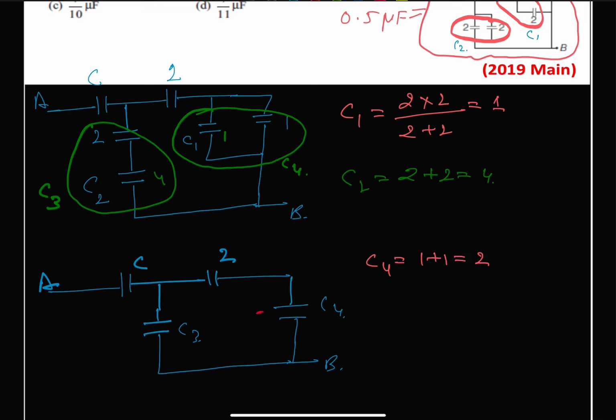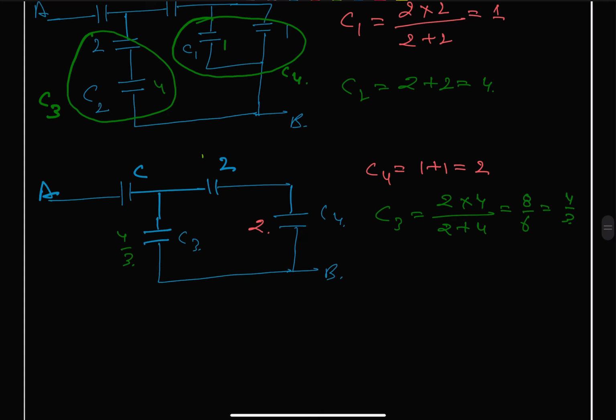We can write C3, which is a series combination of 2 and 4, as 2 into 4 divided by 2 plus 4, which comes as 8 upon 6, giving us 4 upon 3. And further, these two will be in series, and let us call this our C5.